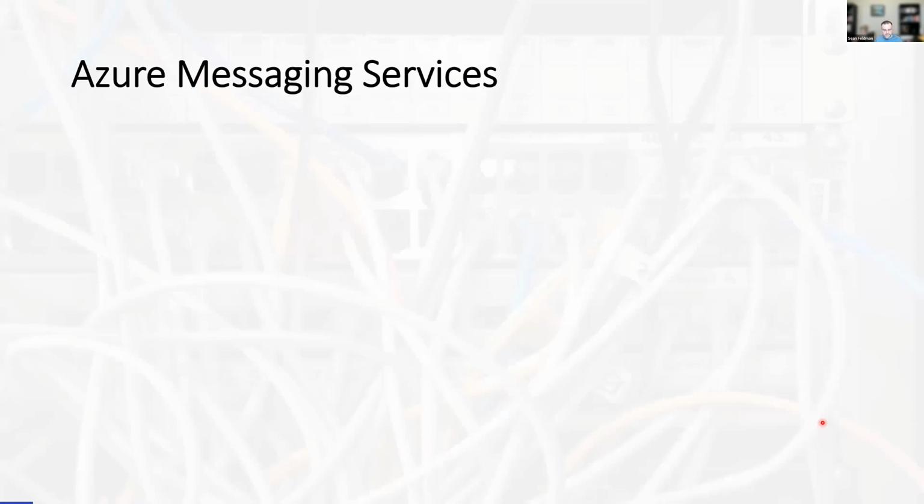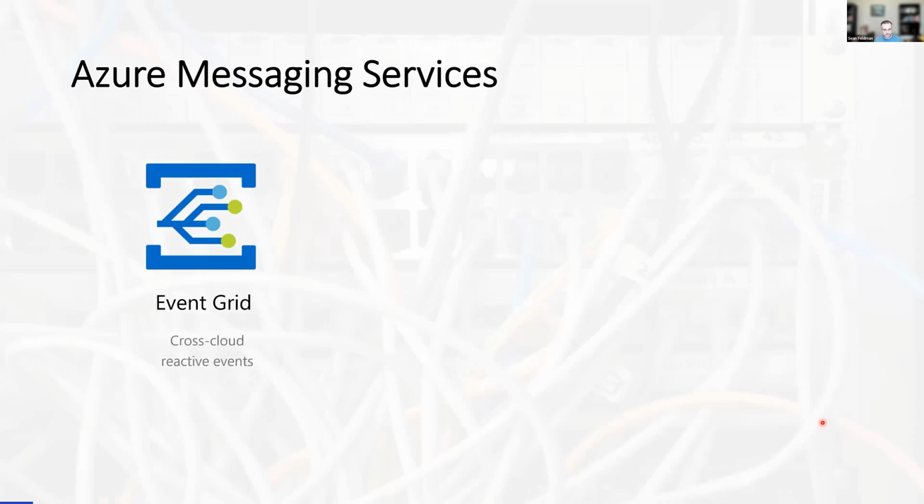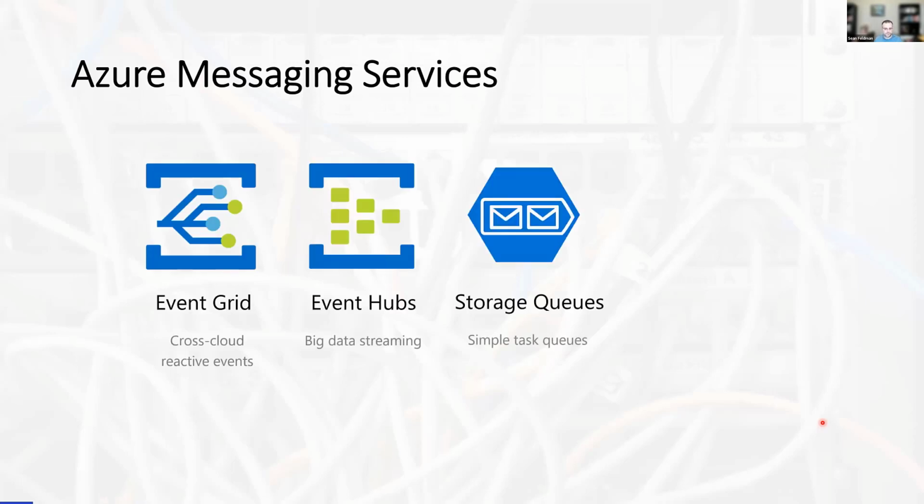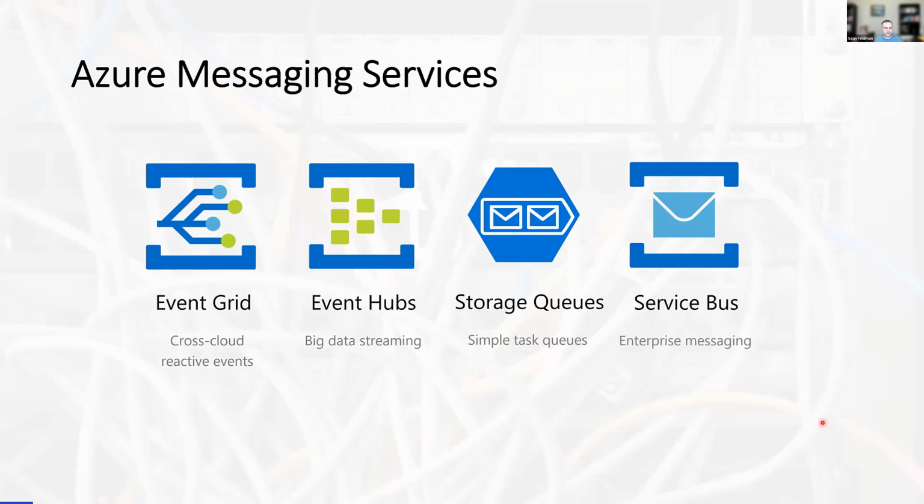Before I go into details of Azure Service Bus, I have to acknowledge the fact that Azure Service Bus is not the only messaging service, right? In Azure specifically, there are quite a few. So if we go over them, Event Grid, Event Hubs, Storage Queues, and Service Bus, I give them subtitles to kind of describe better what they are. I do divide them into two distinct groups.